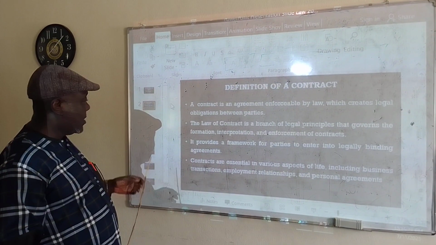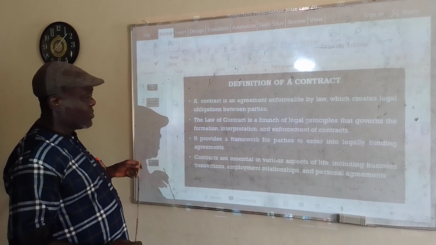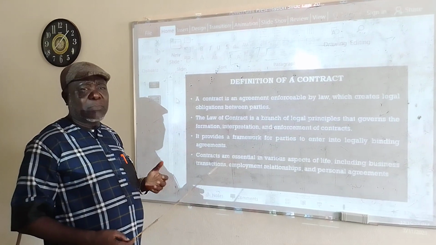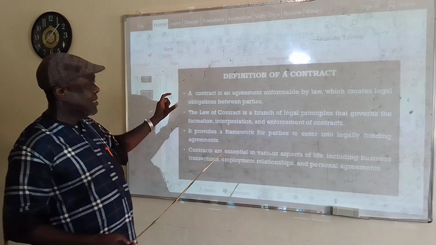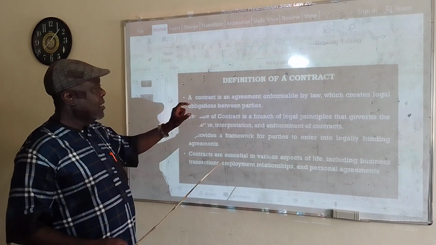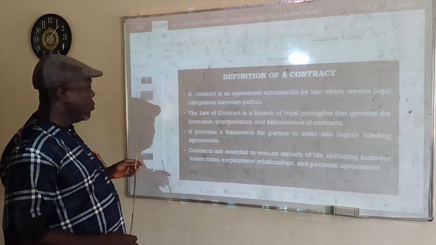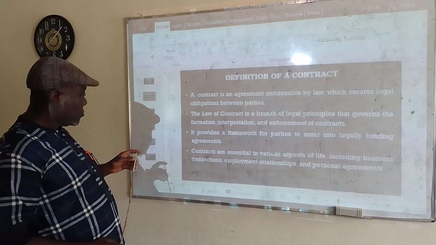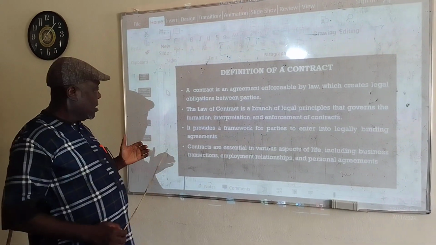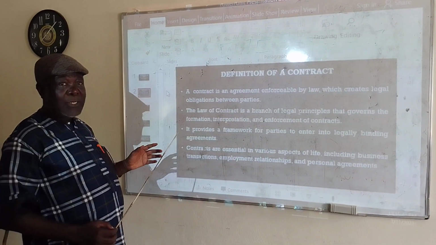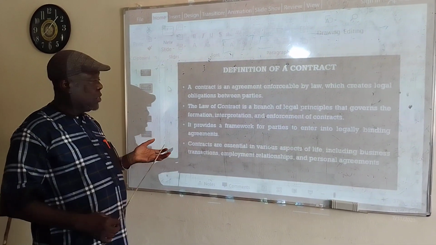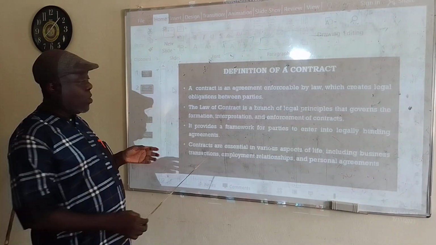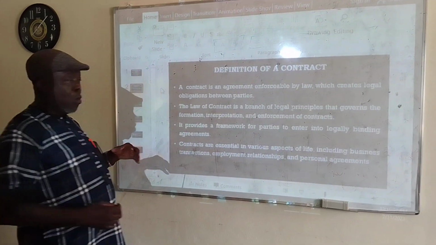Now, that's the basic definition of a contract. Different authors in different books, you will see different definitions of contract, but there are certain elements that you have to look at in a definition which I have included here. Now, the law of contract is a branch of legal principles that governs the formation, interpretation, and enforcement of contracts.